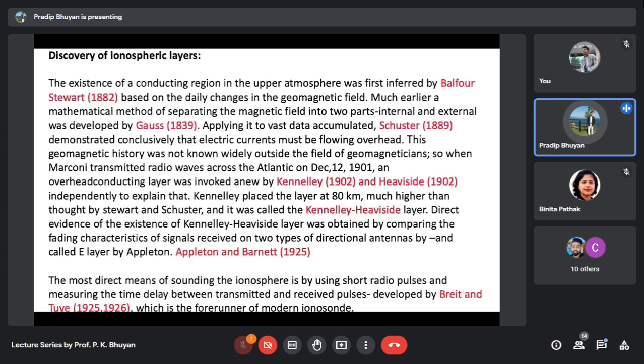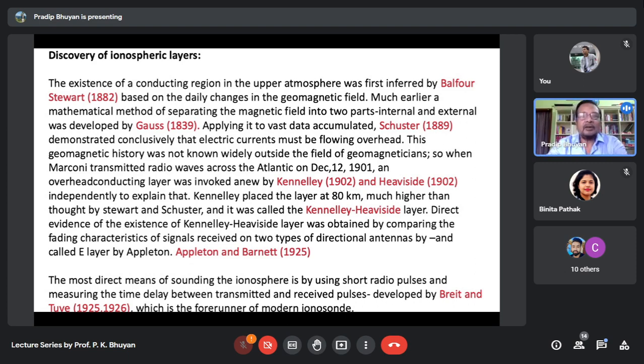The time taken by the pulse to go to the ionosphere and come back is divided by 2, because it goes forward and comes backward. So the time lapse divided by 2, multiplied by the velocity, gives you the height of the atmosphere from where it has come back.